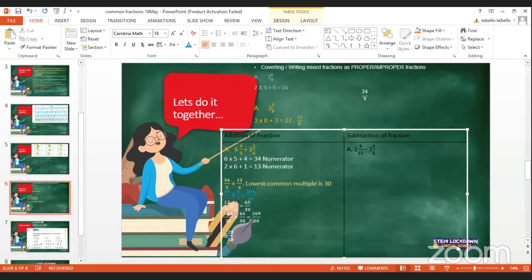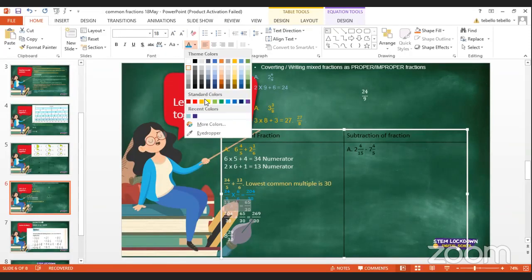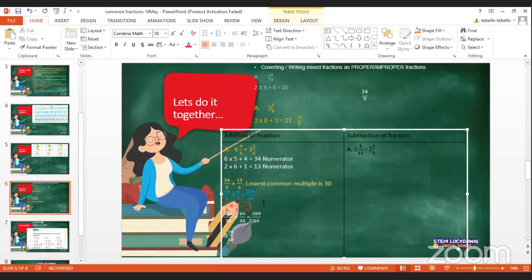So let's do the second one. We can highlight this again. We can give it red, it's fine. Okay, so for the second one, our denominator must be 30.